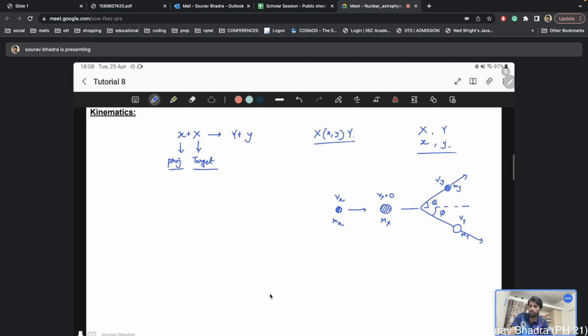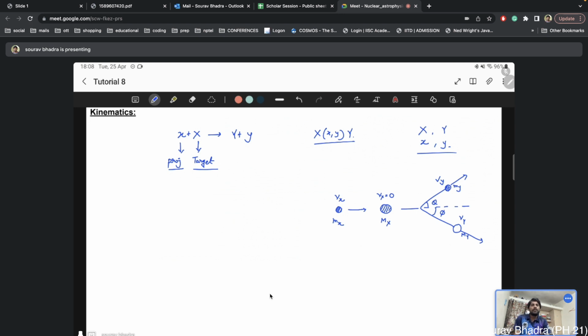Okay, and here we have to apply some of the rules of physics, that means momentum conservation. Mainly, at first we will do the momentum conservation. You can see that small y and capital Y are going at angles of theta and phi.